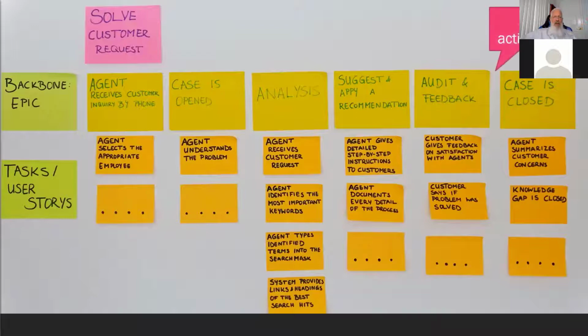So in this example, there are 6 activities in this particular representation on a user story map. 6 backbone items with a number of rib items that explain what are the tasks that need to be performed in order to create these different activities.